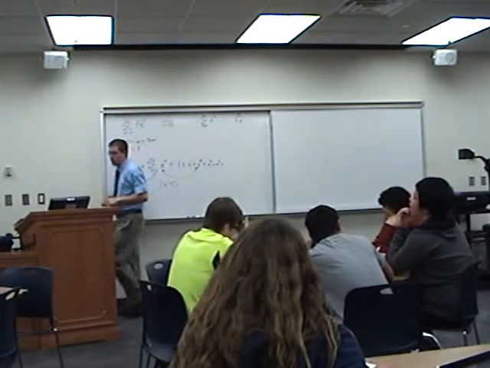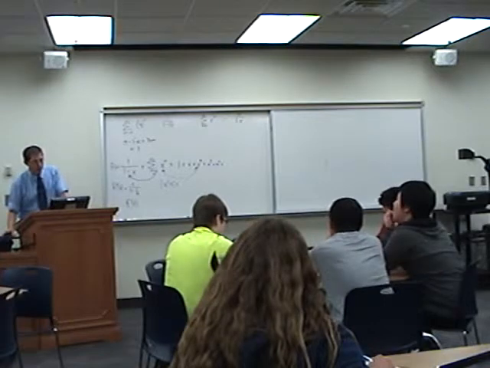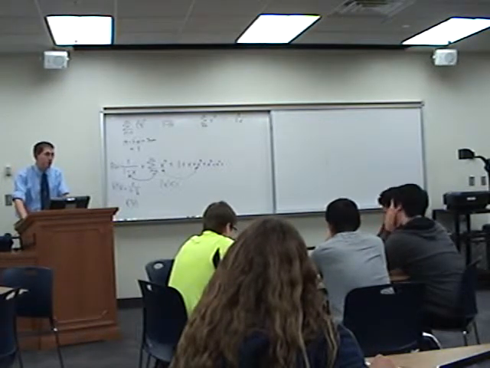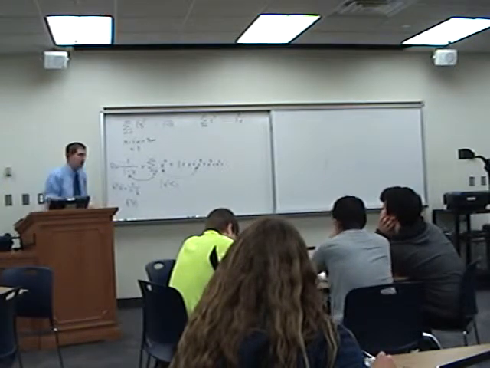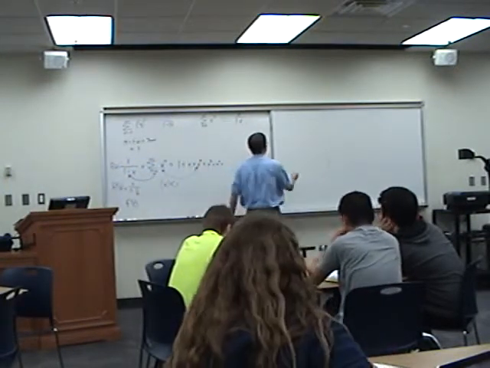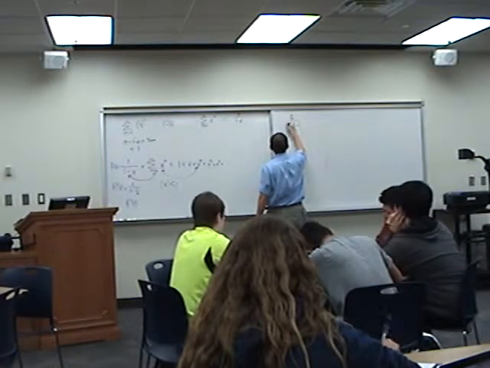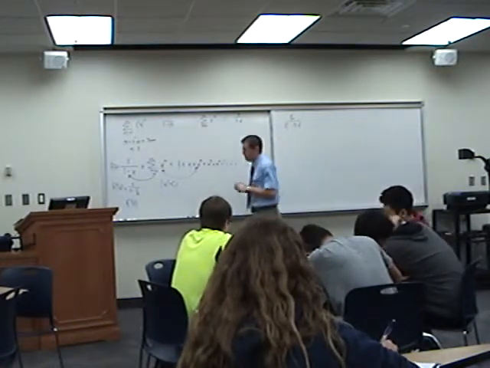We're actually going to look at the problem I got on the online homework. We're going to go through all 4 problems. The problem I got was to write 6 over 1 minus 3x as a power series.